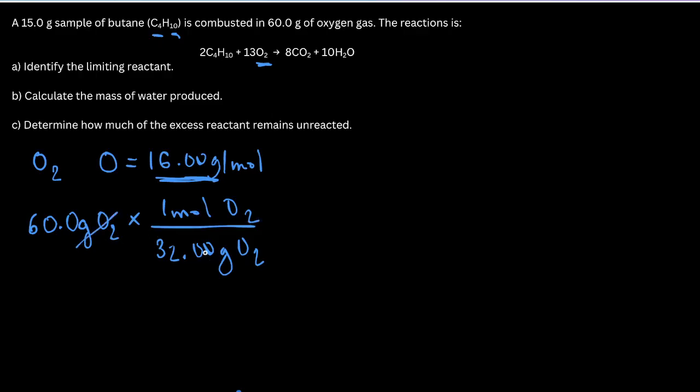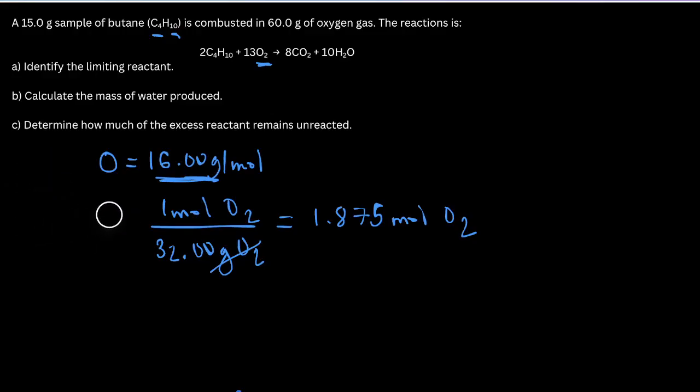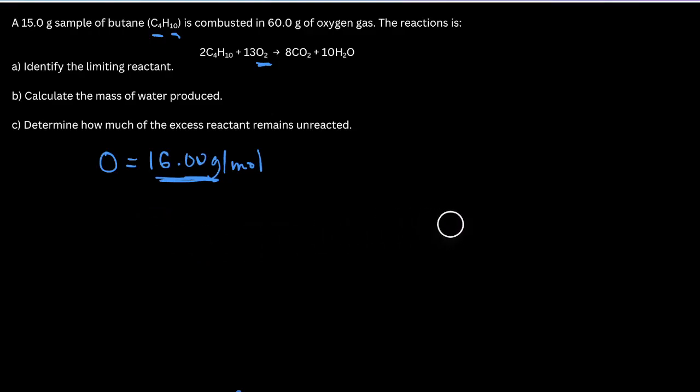Again, canceling out our units, grams of oxygen, gives us our answer in units of moles of oxygen, in this case 1.875 moles of O2. Now that we've got both of our reactants converted from grams to moles, we can move on to the next step, which is determining the limiting reactant.